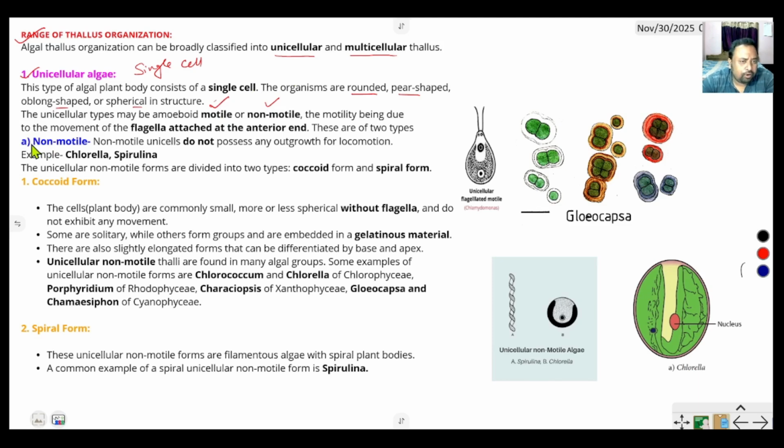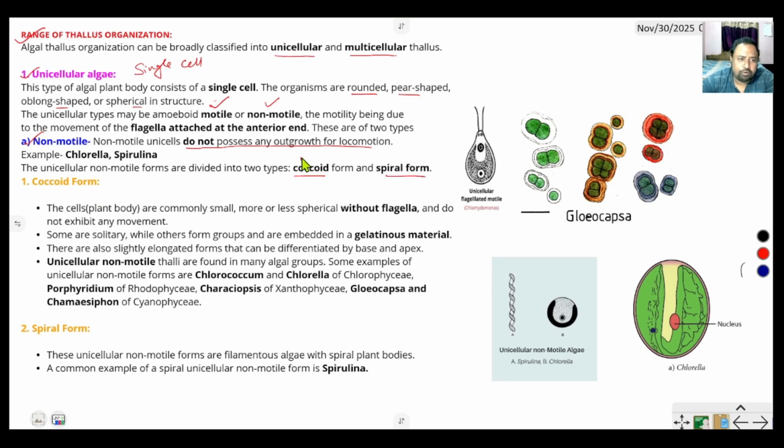The non-motile forms do not possess any outgrowth for locomotion. Any outgrowth like flagella or pseudopodia or any other locomotory part is absent in non-motile algae like Chlorella and Spirulina. The unicellular non-motile algae are again divided into two types, coccoid forms and spiral forms.